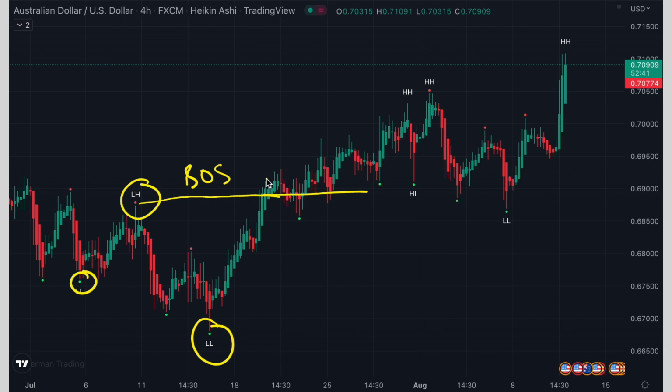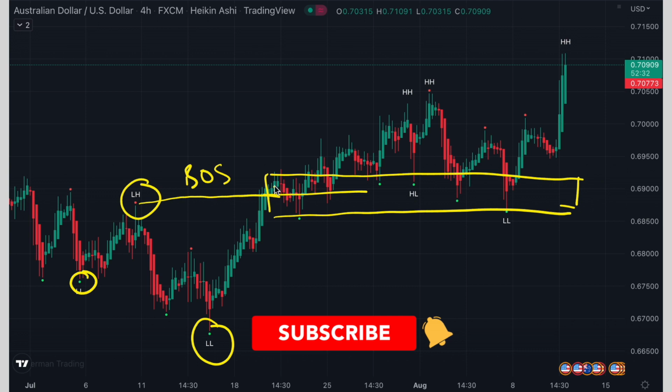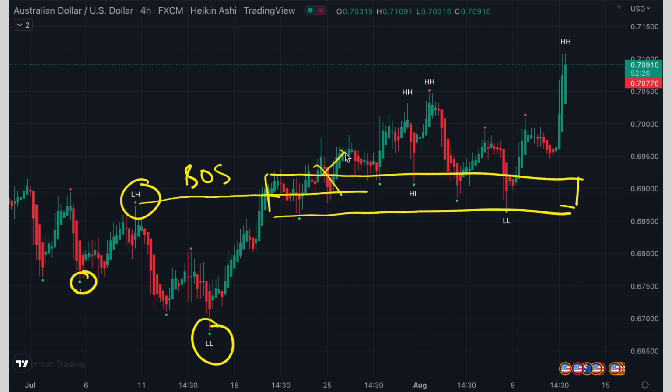Okay, and this is where we have order blocks. Now see how the market goes up, comes back to the order block, fills up all the order blocks, and then continues its journey upward. So this is how order blocks work. This is how the smart money concept works.